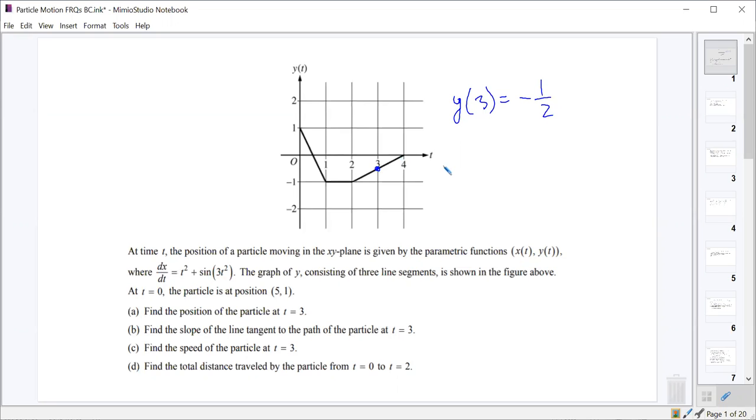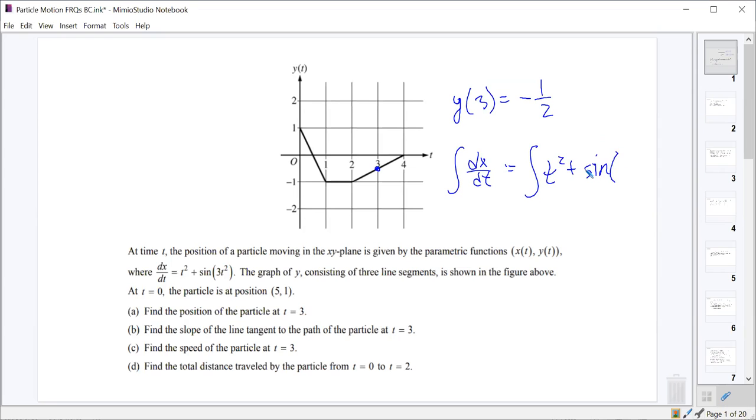So if we integrate dx dt, that means we should get the value of x, right, plus some constant. So what we're going to do then is integrate t squared plus sine of 3t squared.